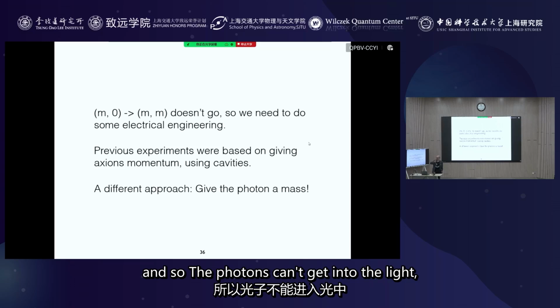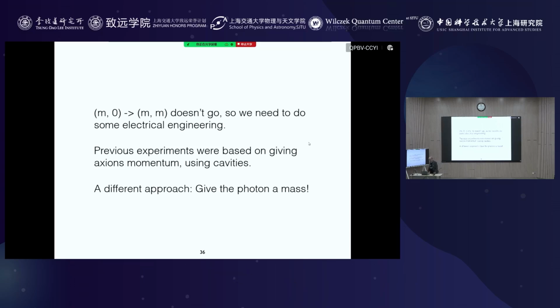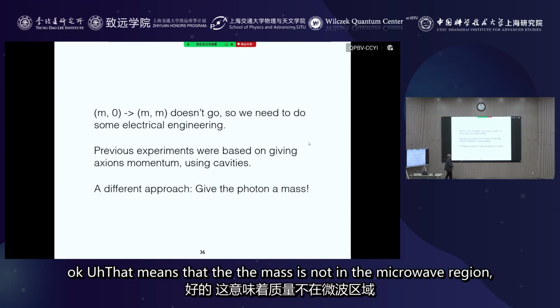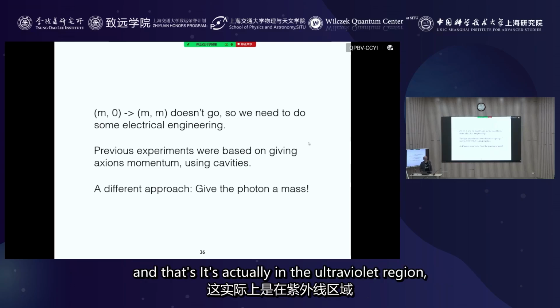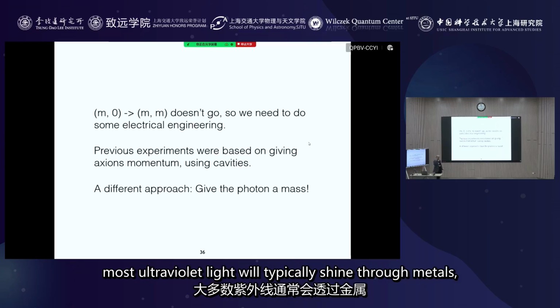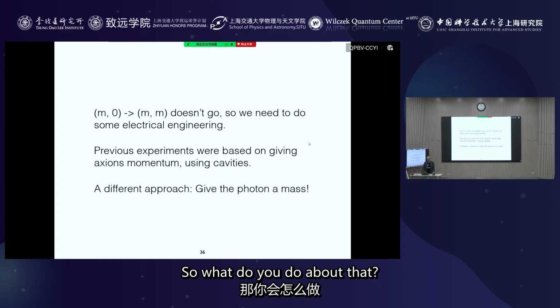And so the photons can't get into the metal, they bounce back. Okay. That means that the mass is not in the microwave region, but in the visible region, and it's actually in the ultraviolet region. Well, ultraviolet light will typically shine through metals, but it's much, much larger than we really want for axions. So, what do you do about that?